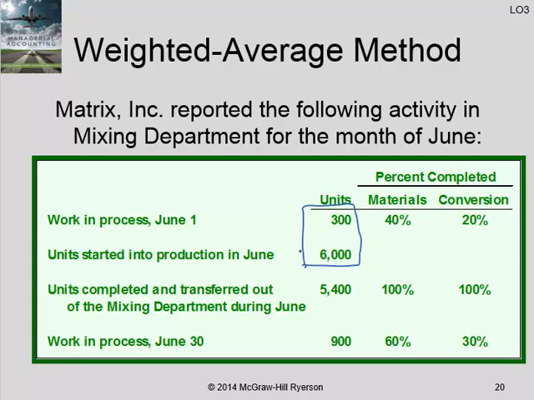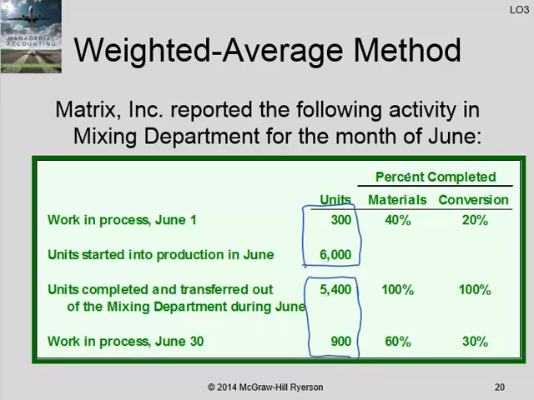In the course of the month, we finished, completed, and transferred out of this department 5,400, leaving us with 900 work in process. So these two have to equal each other. If you think about it, it's kind of logical: what you started out with plus what you added has to be what you got rid of and end up with. So you may or may not be given all of this information, but you can certainly deduce it if you have enough of the components.